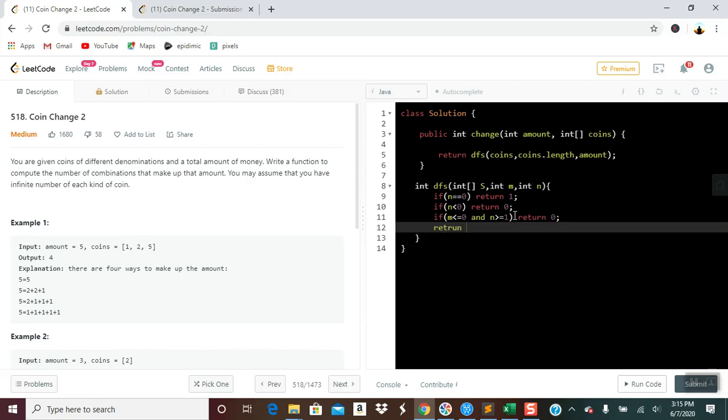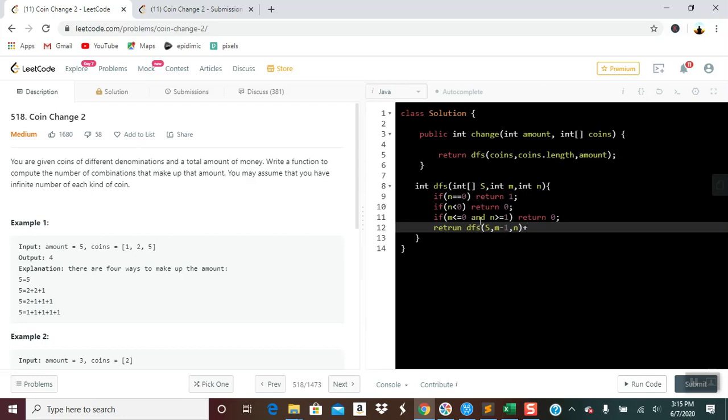Now return the sum of when it is included and when it is not included. When it is not included, m minus 1, which means the length is reduced by 1 because we are not including it. And if you are not including it, the sum will not be changed. So let's say you are not including 1, the sum will remain the same.